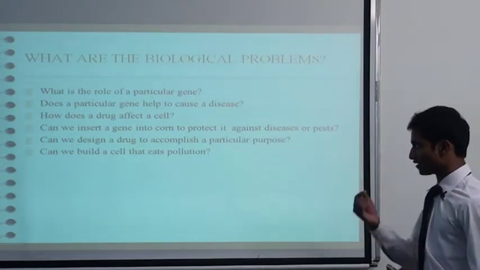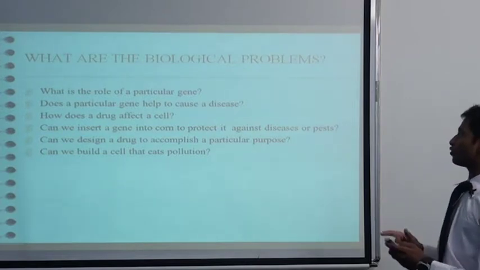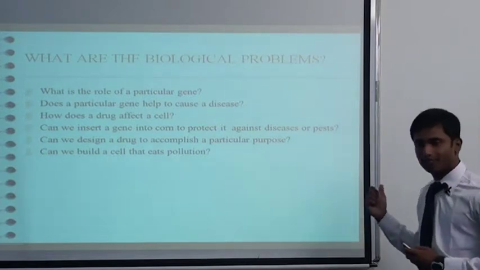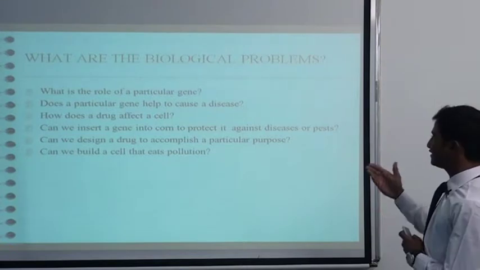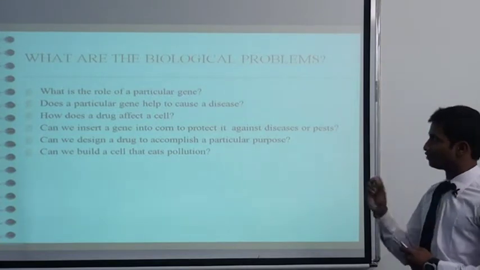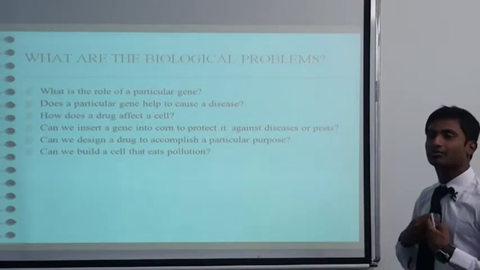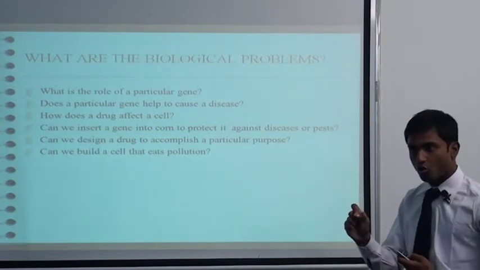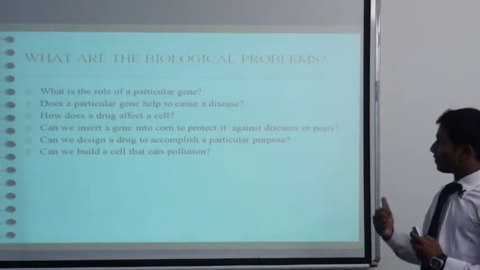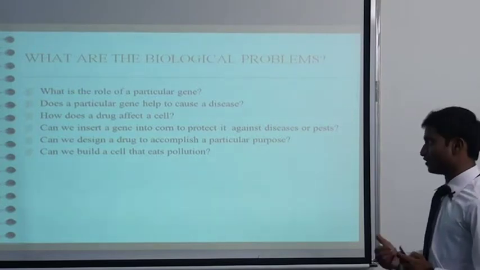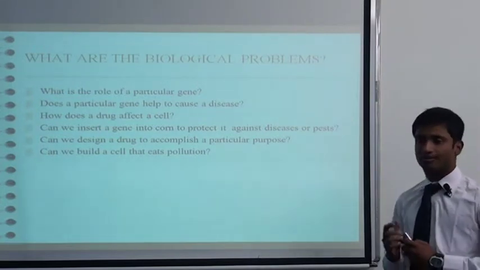Now, can we insert a gene into corn to protect it against a disease or pest? It means against a disease or pest, we are able to insert one new gene into the corn. Now the next one is, can we design a drug to accomplish a particular purpose?